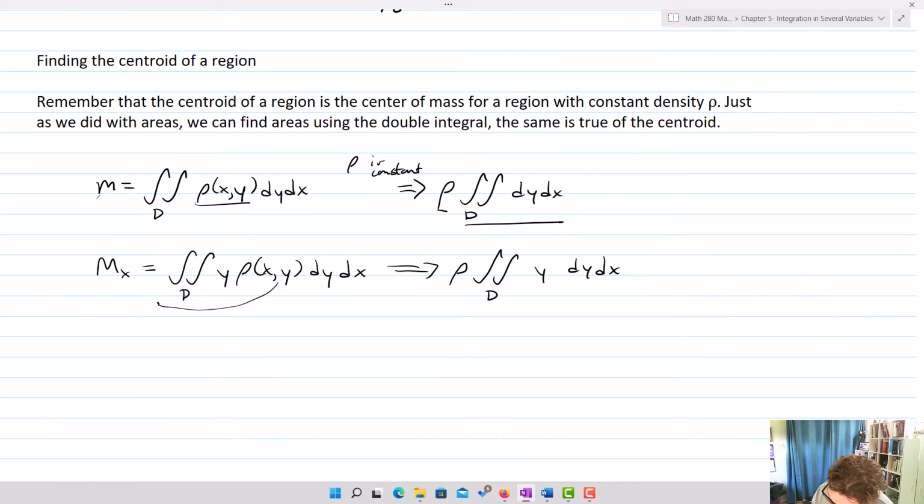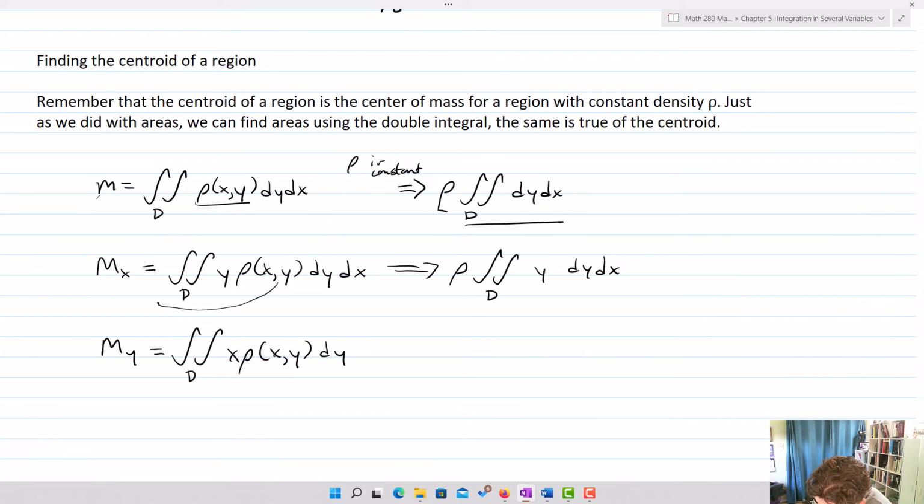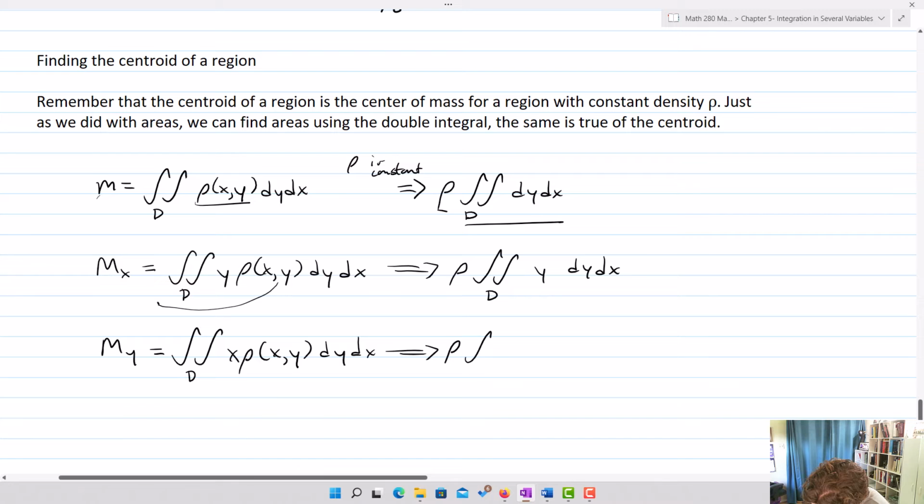And M_y, then, you can probably predict what this is going to look like. It's the double integral over D of x rho of xy dy dx. And that's going to give me rho times the double integral over D of x dy dx.